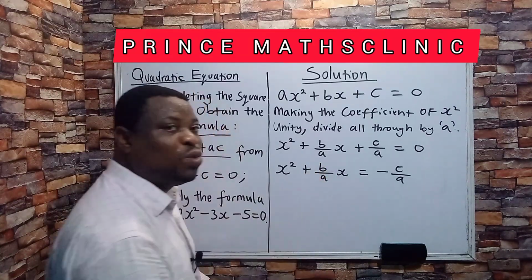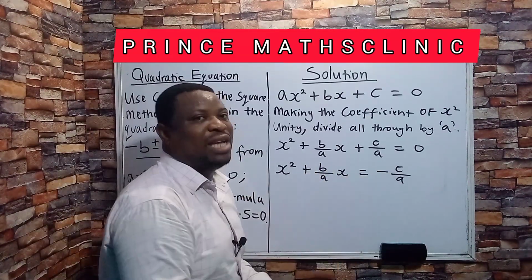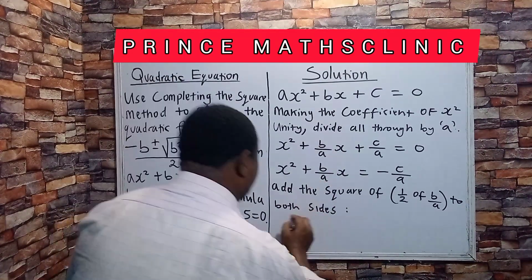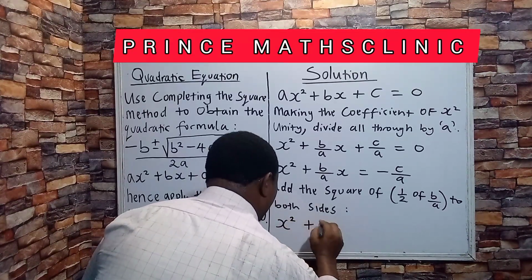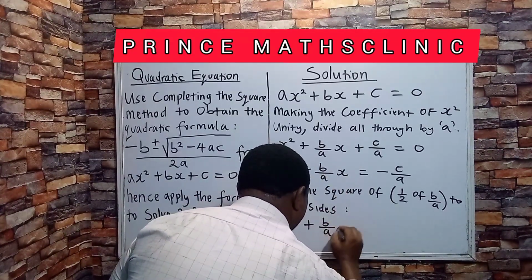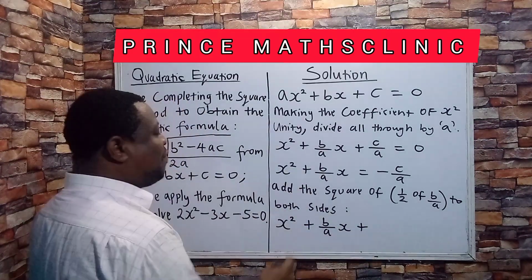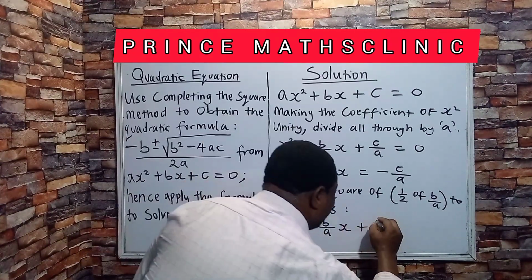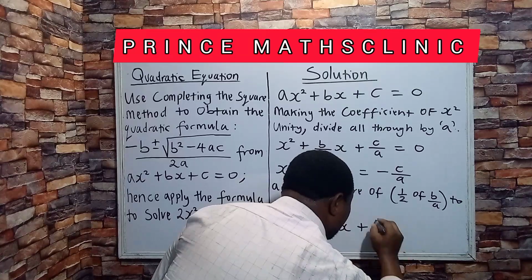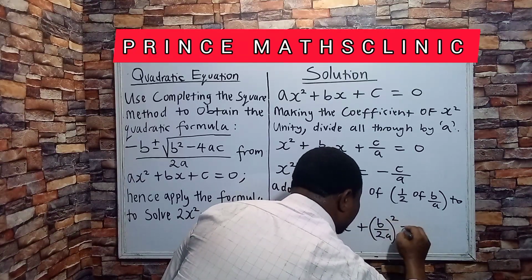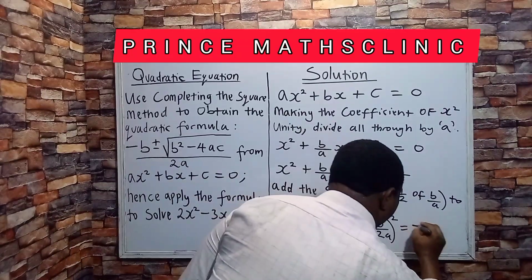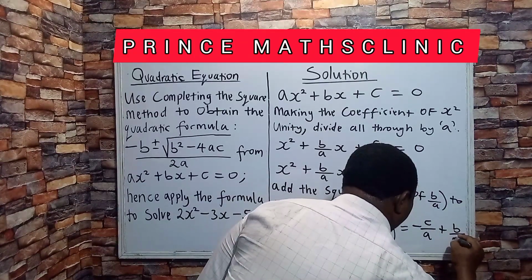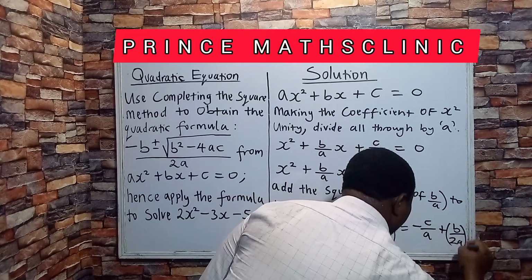Divide b over a by 2, square it and add it to both sides. So you have x squared plus b over a times x, then half of b over a means 2a at the denominator, so this becomes b over 2a. Remember, you square it. So you have negative c over a, plus b over 2a, squared.